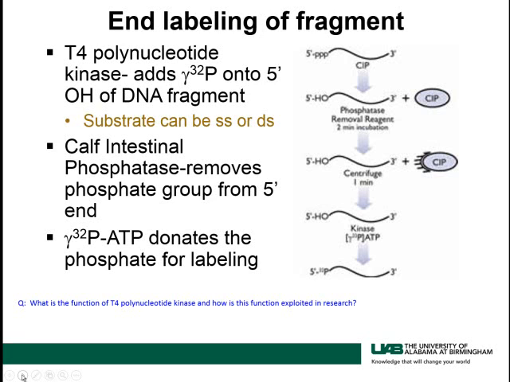And normally, when you cut double-stranded DNA, the 5' end contains the phosphate group, and so in order for gamma P32 to be added to the 5' end, that 5' phosphate has to be removed, and this is removed by the activity of an enzyme called calf intestinal phosphatase, abbreviated CIP.